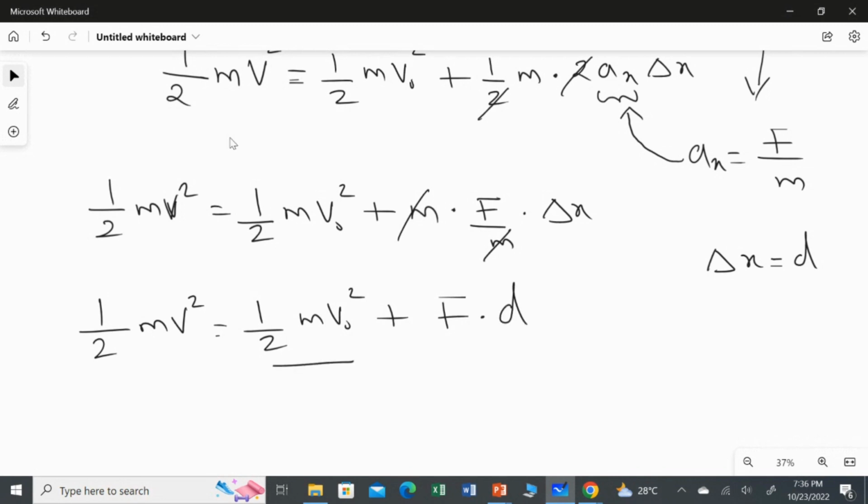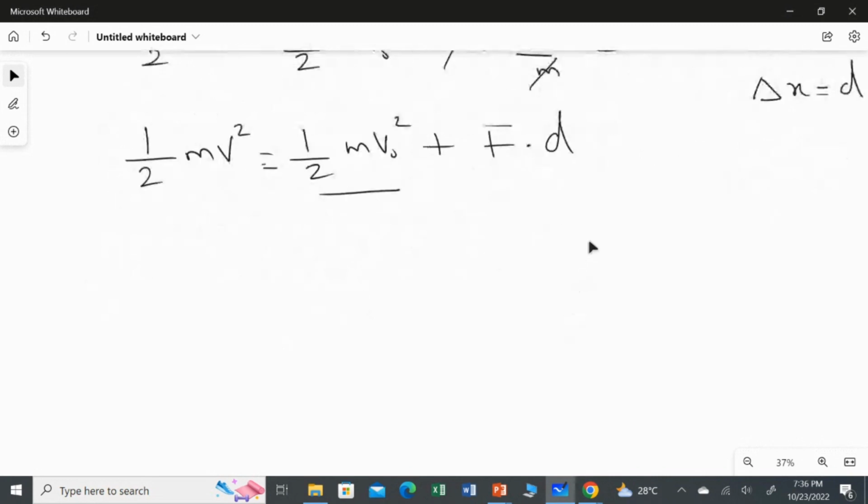Now I'm going to move this term to the left hand side. By that, this positive half m v naught squared becomes negative half m v naught squared. So the equation becomes half m v squared minus half m v naught squared, which is equal to F multiplied by d.